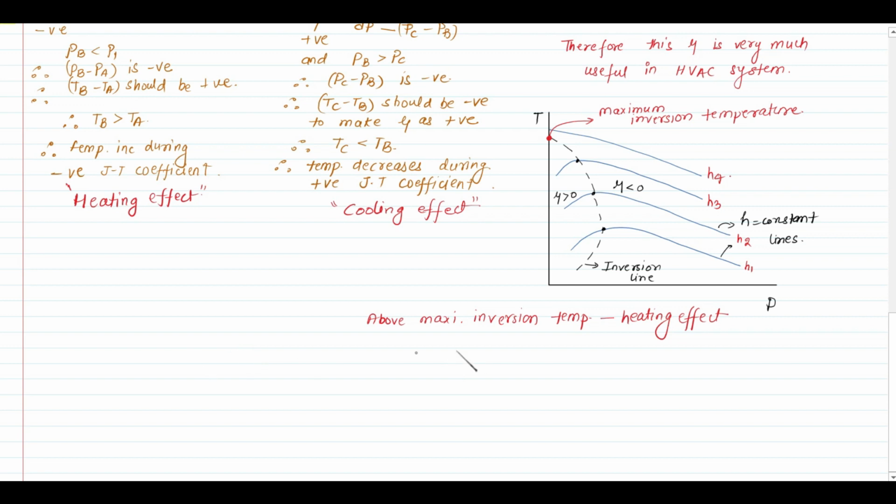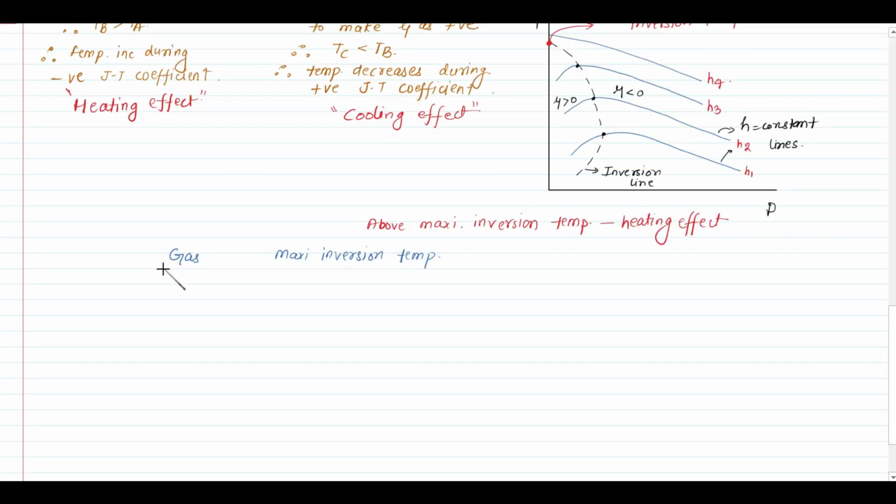We analyze the maximum inversion temperature for different gases and plot it in the diagram. I am taking some gases. These are approximated values. For helium, the maximum inversion temperature is minus 230 degrees centigrade. For hydrogen, it is minus 71 degrees centigrade.